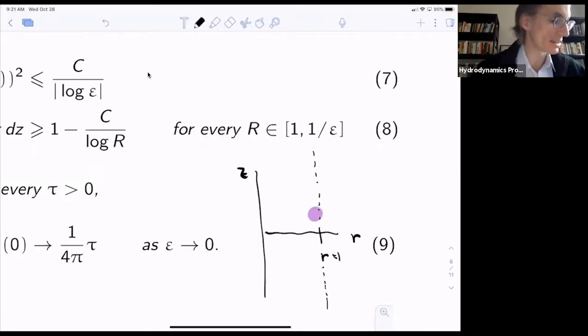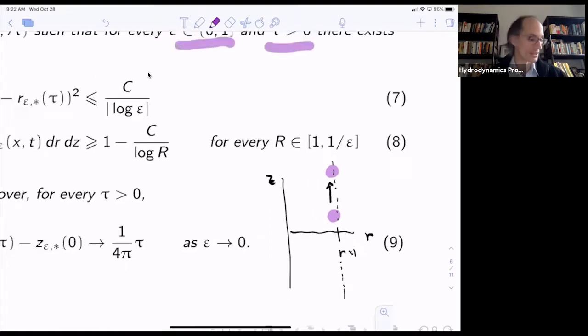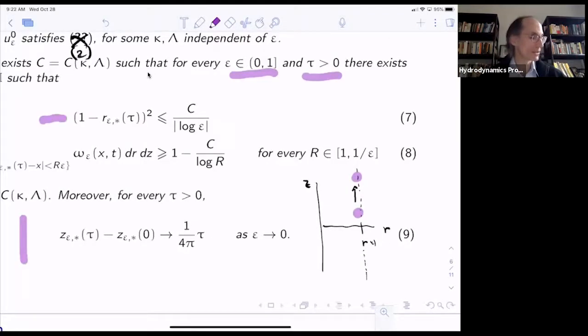And this says that as time evolves, it moves upward. I should check the sign, but if I've gotten the sign right, it moves upward. In other words, the Z component at time tau differs from the Z component at time 0 by this factor, which is linear in tau. So the velocity is 1 over 4 pi tau. This is the only new assertion.